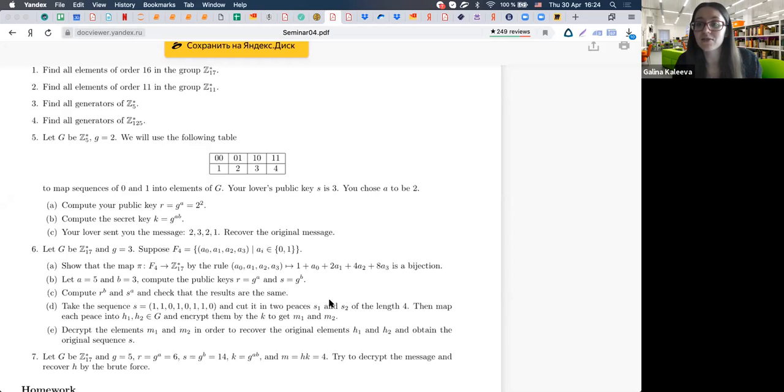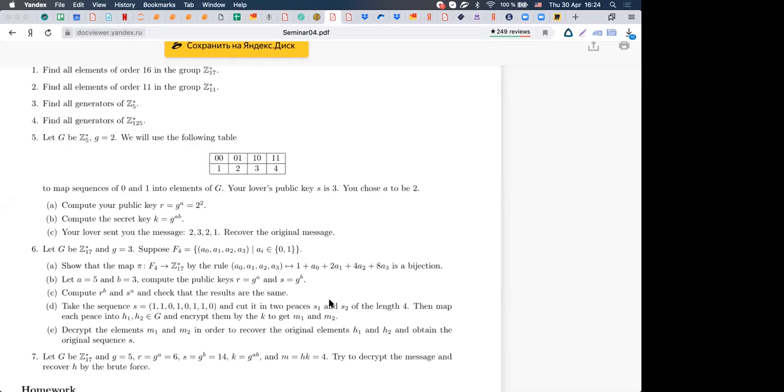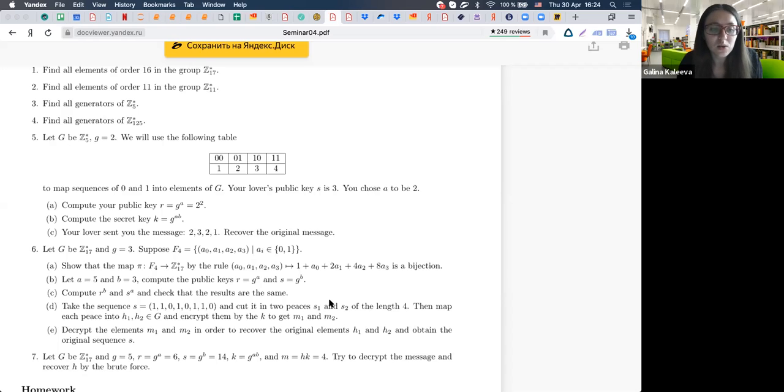Is it clear that this is a bijection? Yes. Okay, so let's solve the second part of this problem, b. Let a be 5 and b be 3.